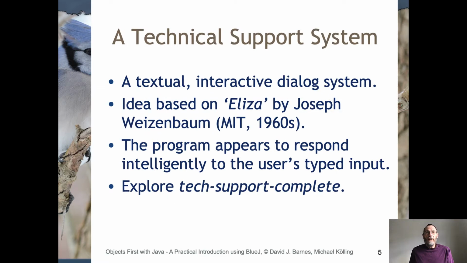In order to carry out our exploration, we're going to look at a textual interactive dialogue system. And this particular example is heavily based upon the ELIZA system that was written by Joseph Weizenbaum in the 1960s. A really nice thing about this idea is that we can provide a semblance of intelligence or understanding by writing relatively simple code.